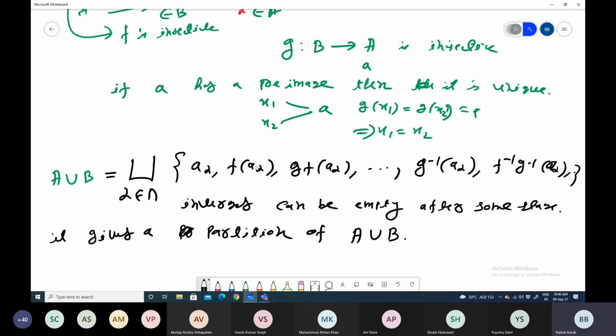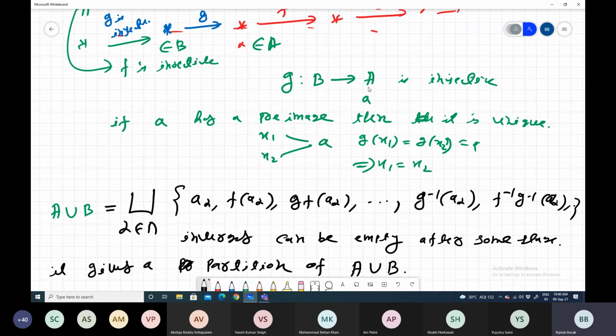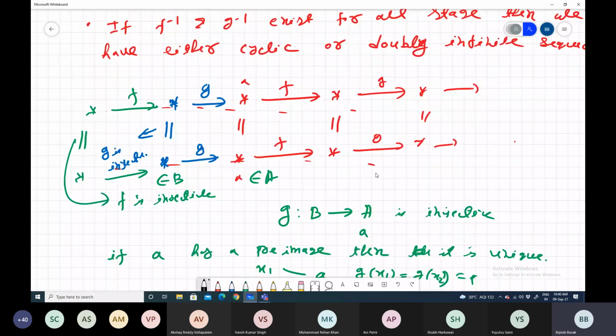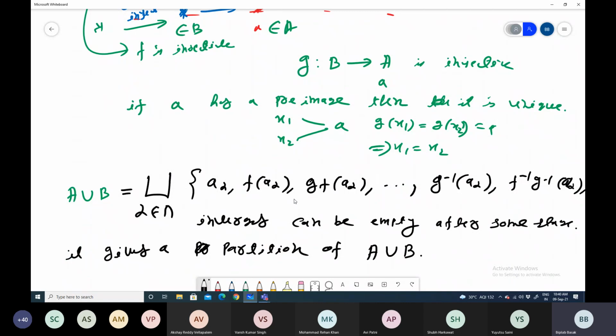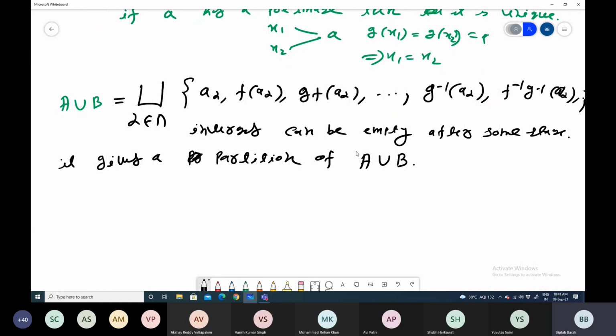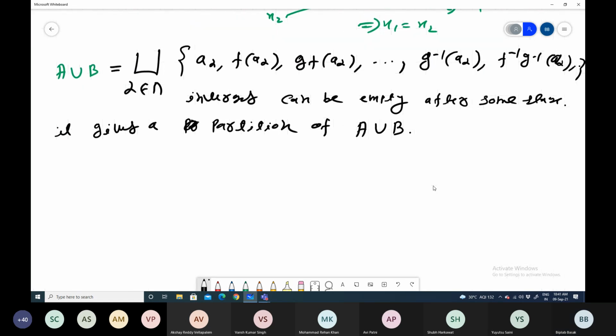So if we collect all the elements of this sequence, then they form a partition. Why do they form a partition? Because if you take any two sequences, that means any two sets, if they have one common element, then all the elements should be the same. Is that clear? They are forming a partition.